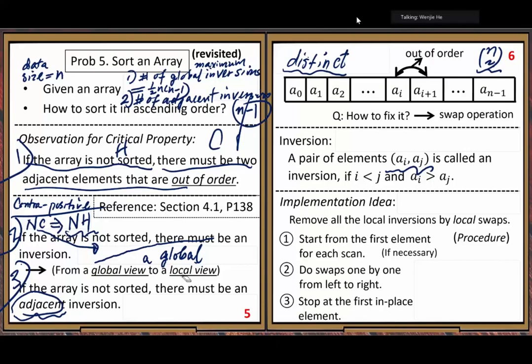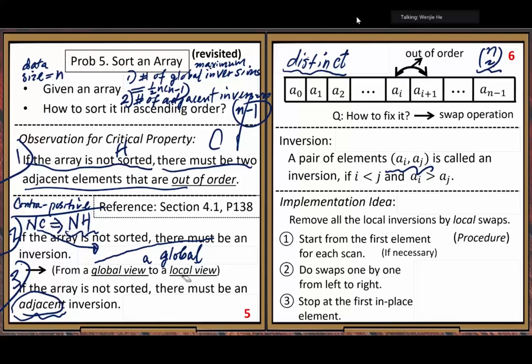Use your intuition to imagine the change of your data from beginning to end. Every time you check the first two elements, after the swap, the larger one will be at the second position.